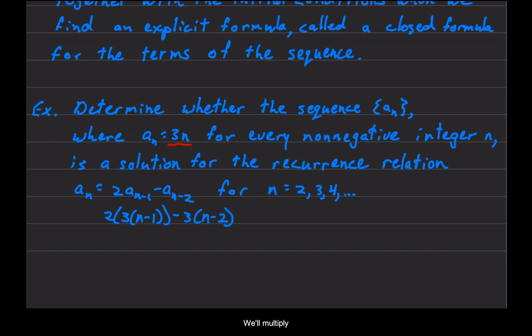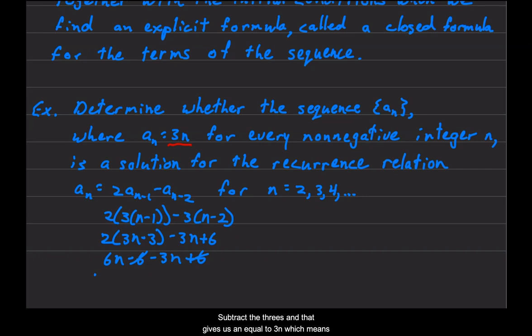We'll multiply this out, get 2 times 3n minus 3, minus 3n plus 6. Then we'll multiply one more time. We get 6n minus 6 minus 3n plus 6. The 6's cancel.